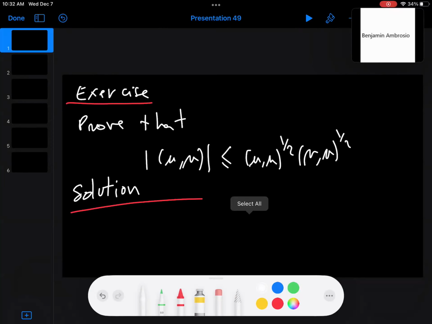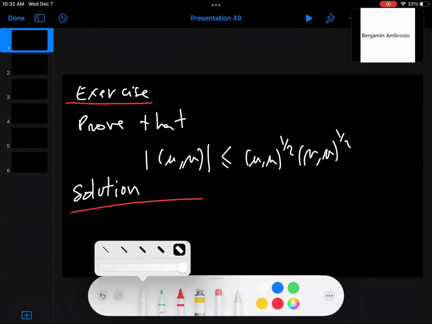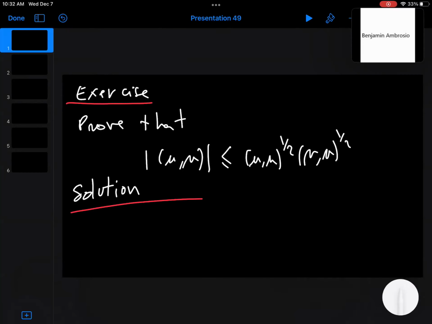So what we do, we will write that. Let's look at this thing, U plus lambda V. So U and V are in H, right?